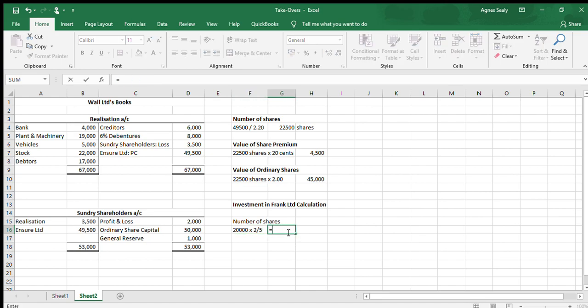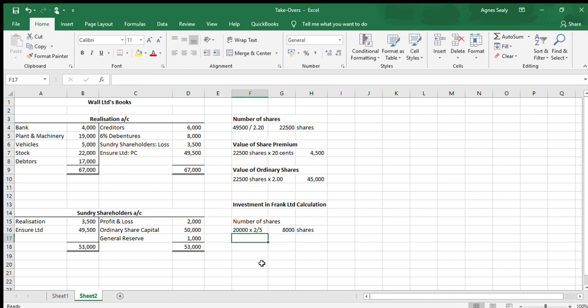So this equals 8,000 shares. So the investment is going to be 8,000 shares.